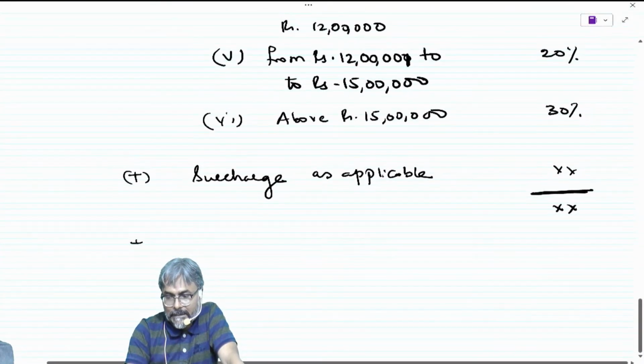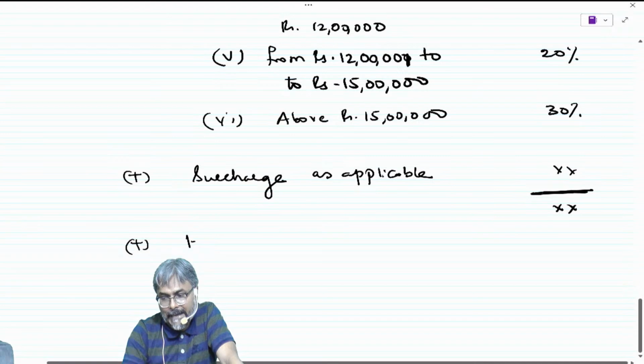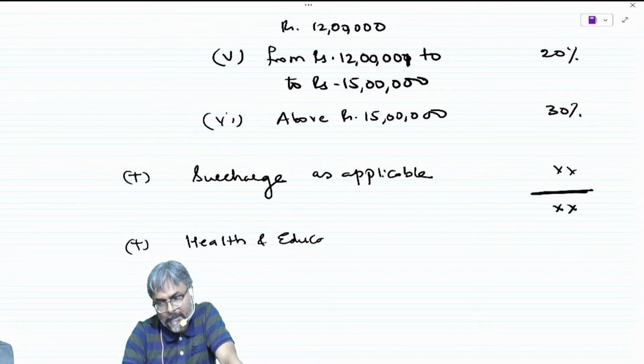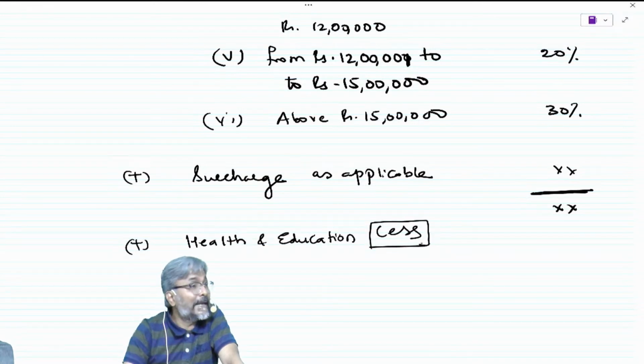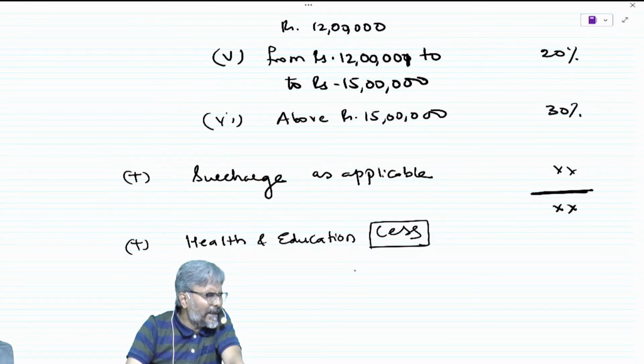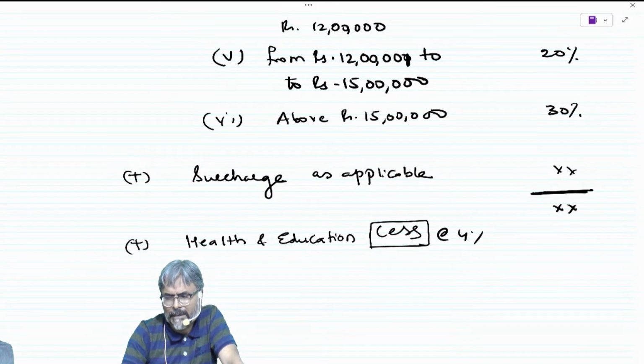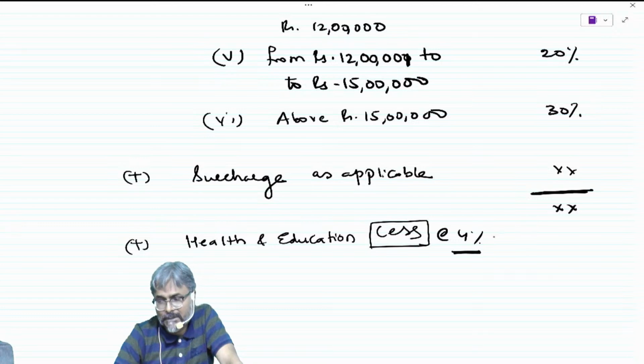After this, add the health and education cess. Heard of it? Remember the first class? I told you about duty, tax, cess. I did not explain the cess at that stage. I told you that I will explain later. I'll explain now: 4% of this amount.